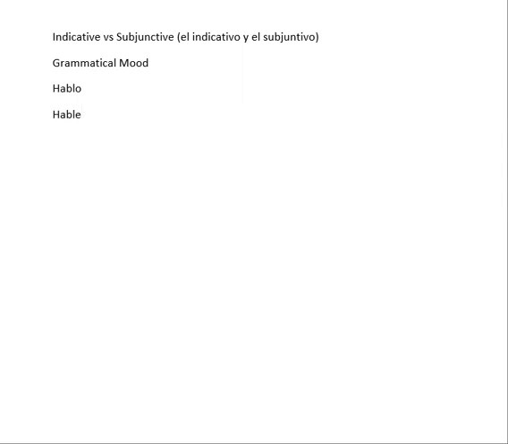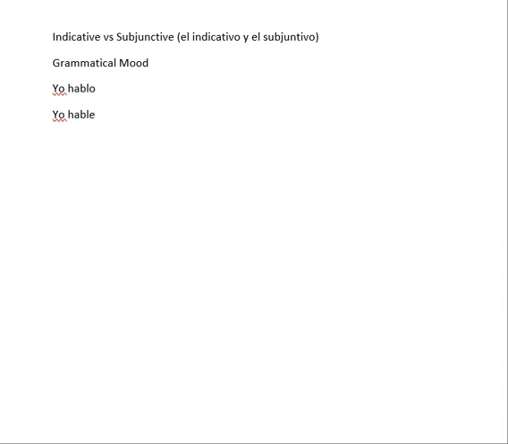We know that the yo form of hablar is hablo. Drop the o, add the opposite ending, and it becomes hable. This is still actually yo hable. And this, as we know, would be yo hablo. Now, those would both translate as I speak, but they are used in different situations. So, yo hablo, I speak.